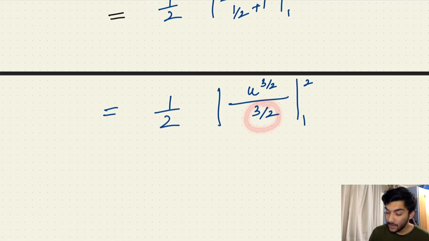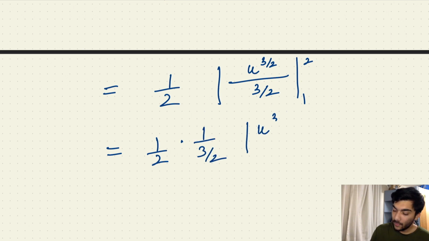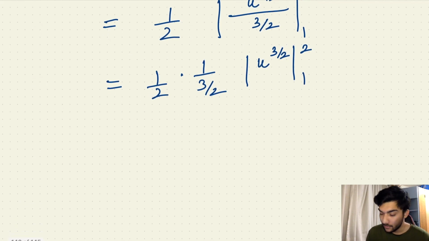Now, since this 3 by 2 is in the denominator, I can take the 2 in the numerator, right? And the constant can just come out. So it would be 1 by 2 times 1 over 3 by 2 times u to the power 3 by 2 with the endpoints 1 and 2 in this case.